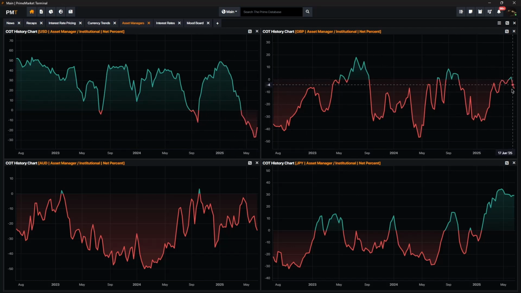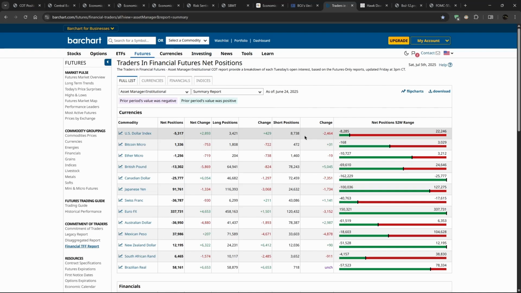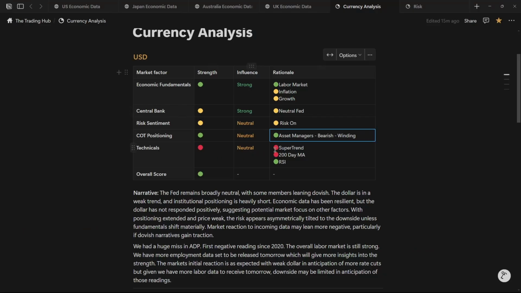For the pound, you can see that they're basically neutral. They have been unwinding a bit. For the yen, they are currently over positioned. They are very long, the longest they have been in over 3 years, as we can see on this chart. So that's how I analyze COT positioning. And what I do is simply give it a score in my system.